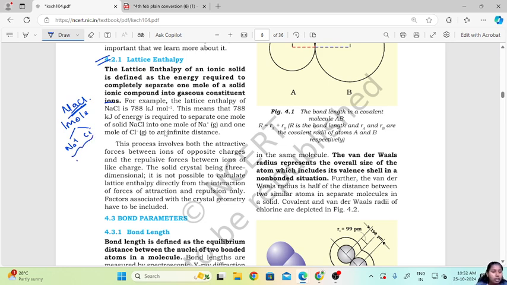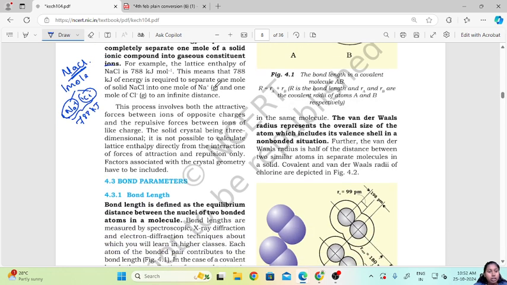This process involves both the attractive forces between ions of opposite charges and the repulsive forces between ions of like charges.